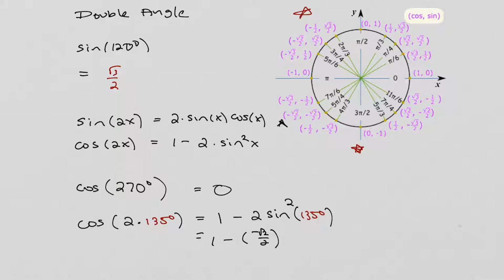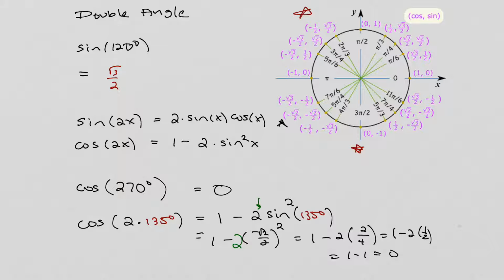And don't forget about this 2 that's out front. So it's 2 times sine squared, so let's make sure that we square this thing as well. That's 1 minus 2 times 2 over 4, so that's 1 minus 2 times 1/2, which is 1 minus 1, which does give us 0.